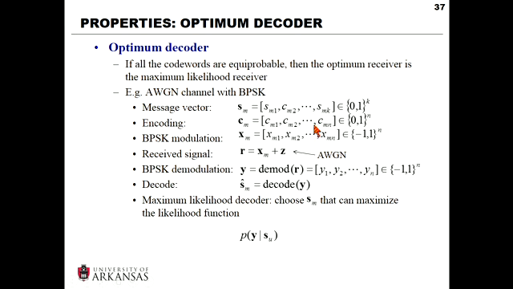However, if we do maximum likelihood decoding, we can directly use R to do the decoding. R obviously depends on X_m, and X_m depends on C_m, C_m depends on S_m.